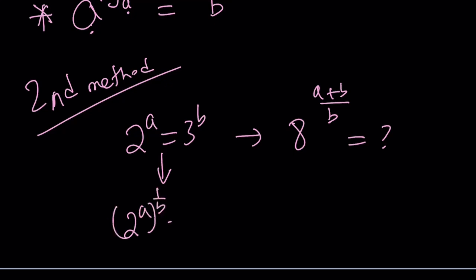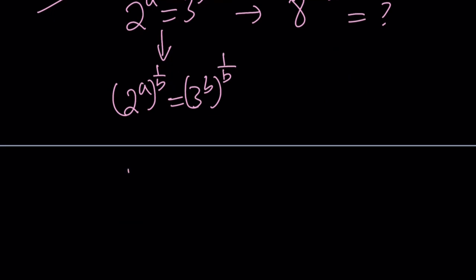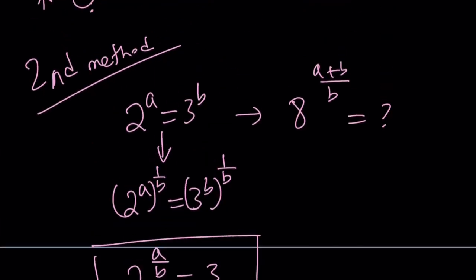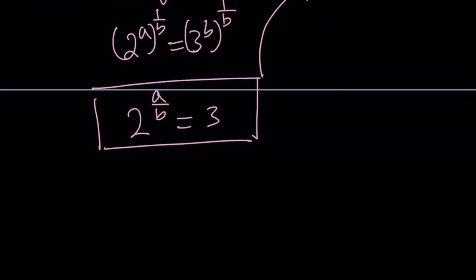The purpose of doing that is to isolate the 3 and also to get 2 to the power a over b. That's what we get from here, 2 to the power a over b. Not only that, it also equals a number. Great. Now, how do you use that? We're going to use that here, but let's manipulate it a little bit first.